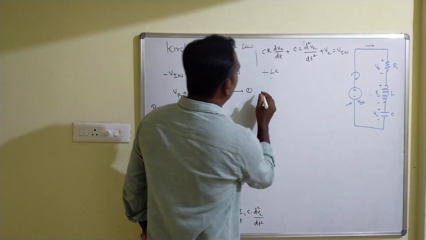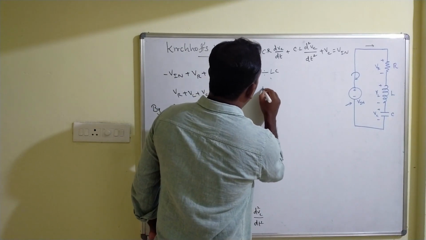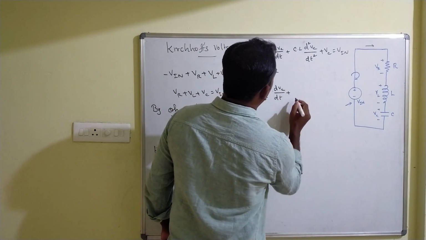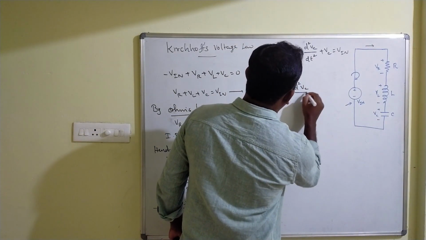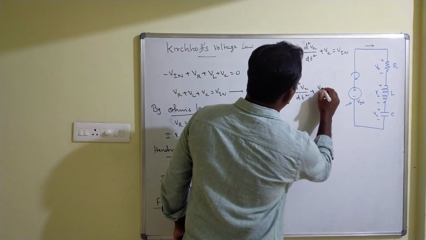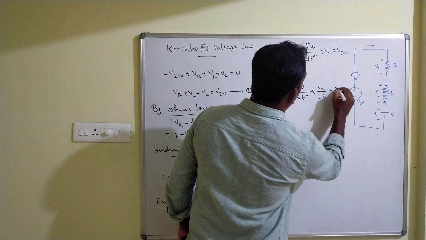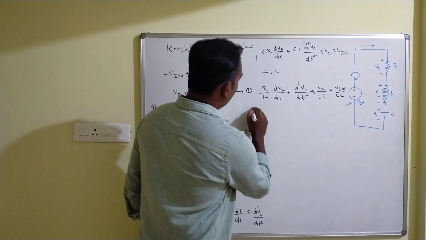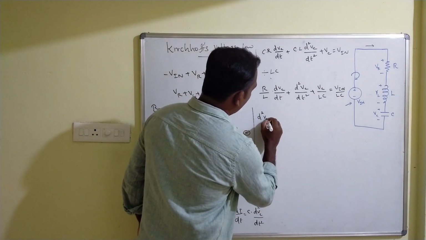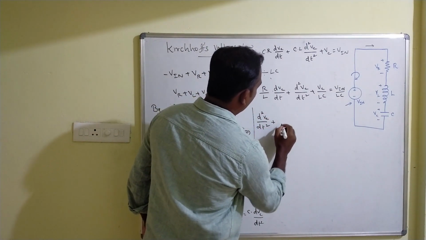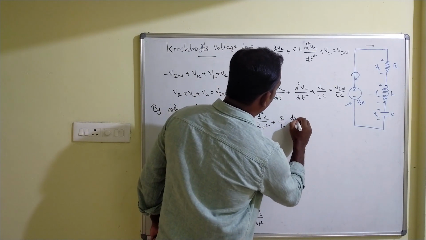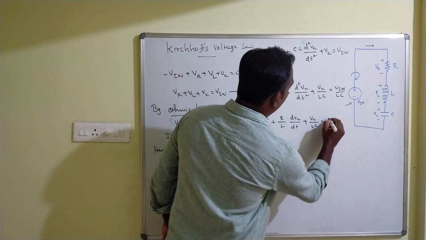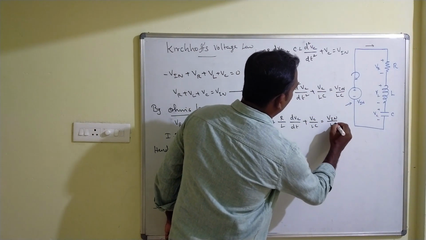This equation will become d square Vc divided by dt square plus R over L dVc divided by dt plus Vc divided by LC is equal to Vin divided by LC.